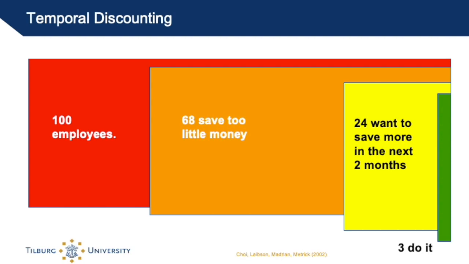And here's an example where 100 employees were asked how much money from their paycheck they save. And out of these, almost 70 saved too little money. Out of these 24 want to save more in the next 2 months, and actually only 3 do it.